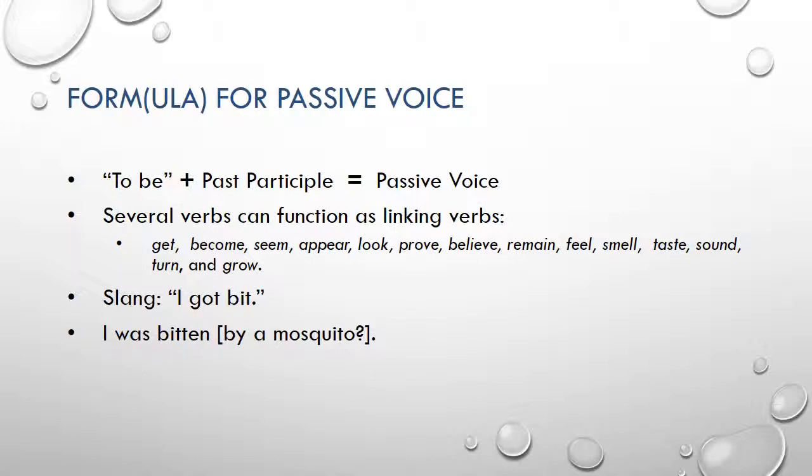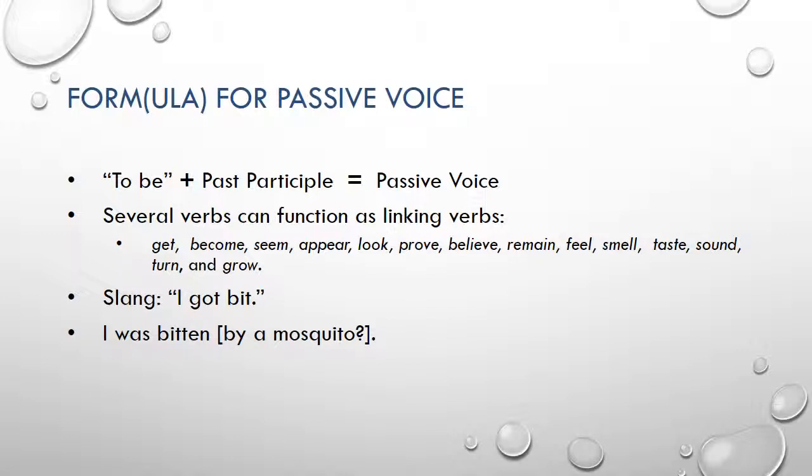Well, again, the passive voice consists of the to be verb, or a synonym of such, plus the past participle. Several verbs can function as linking verbs, including get, become, seem, appear, look, prove, believe, remain, feel, smell, taste, sound, turn, and grow, depending on the situation.